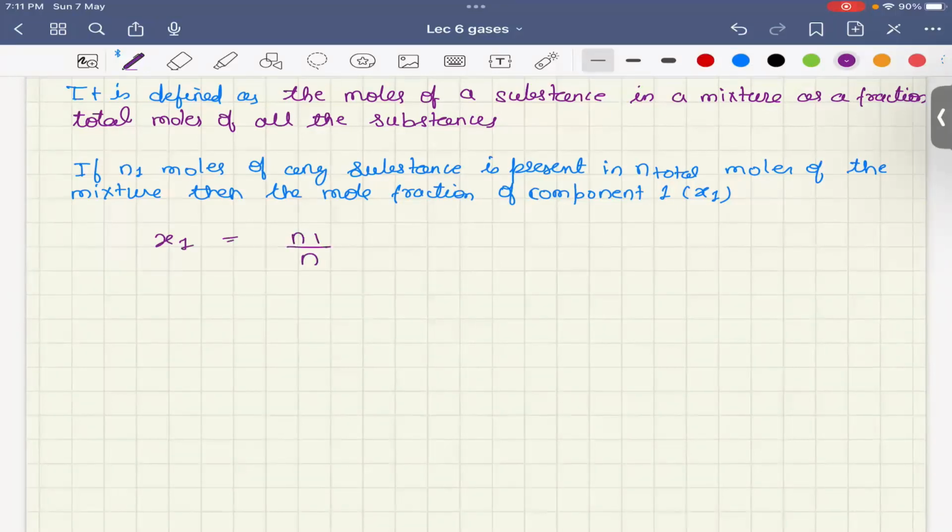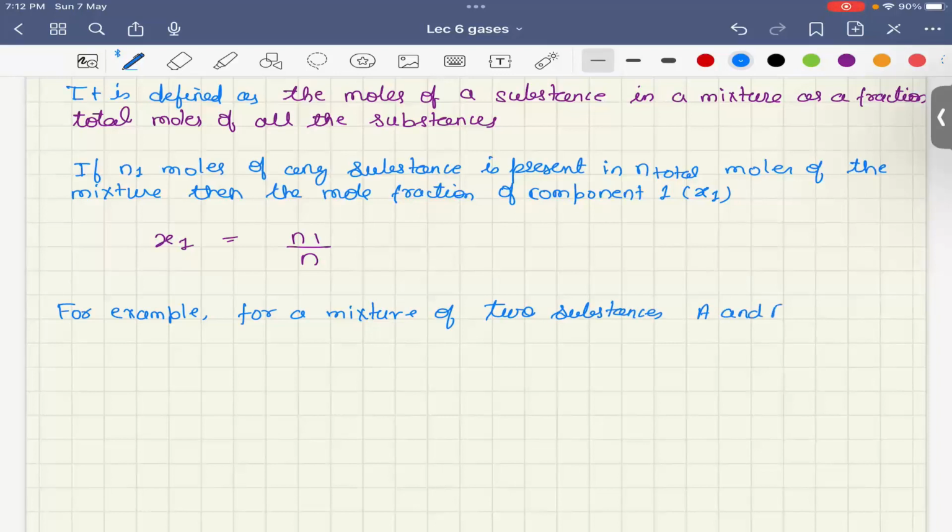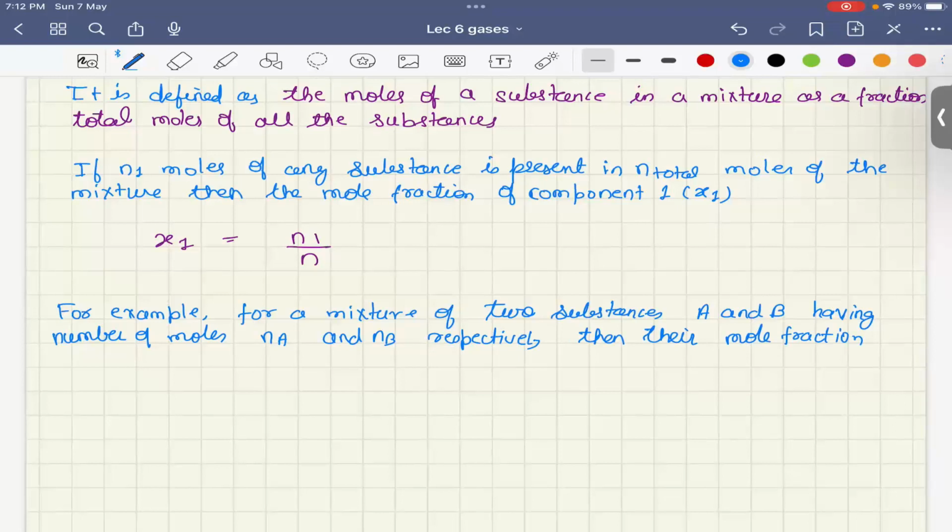For example, for a binary mixture of two substances A and B having number of moles nA and nB respectively, their mole fraction is given by xA equals nA by n total.